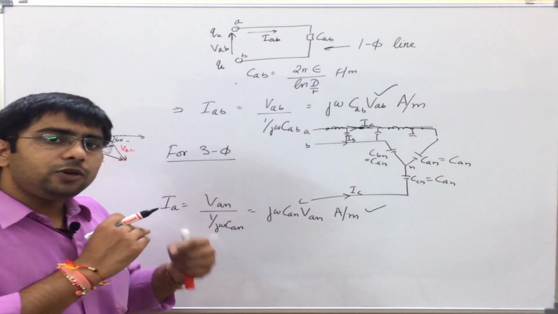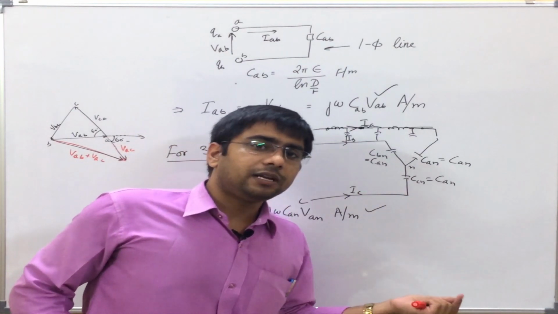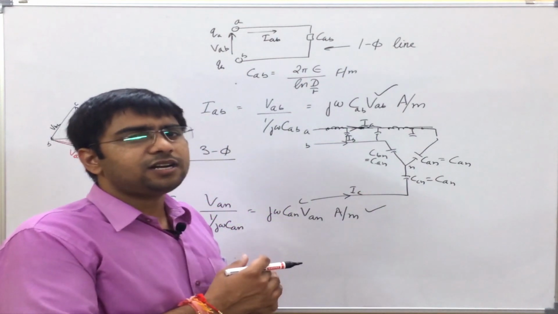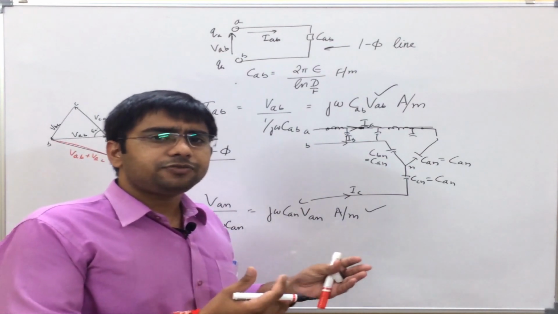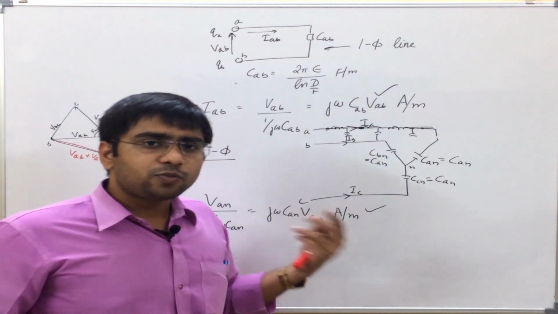But if we use the rated RMS value of the line voltage for which it has been designed, then the error between the calculated value and the observed value is very small.